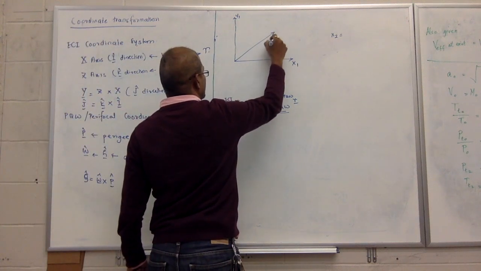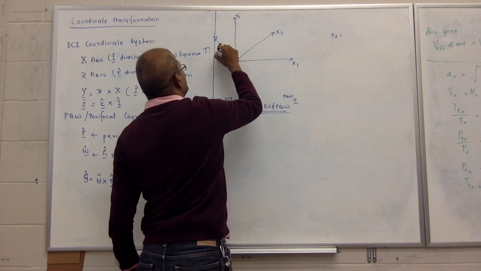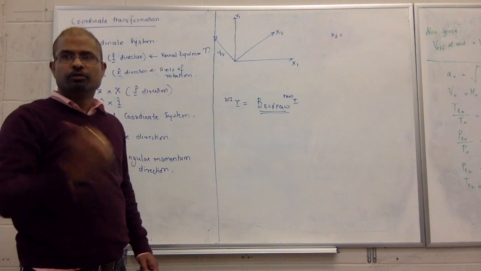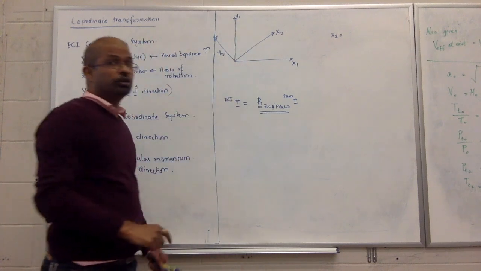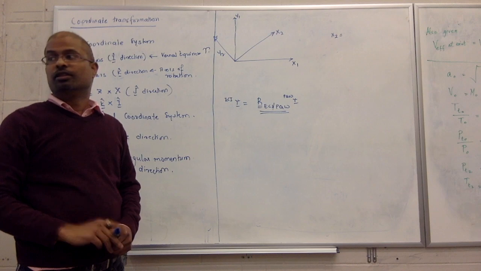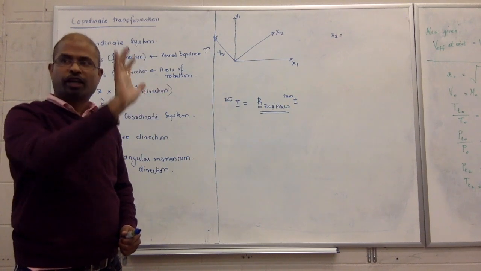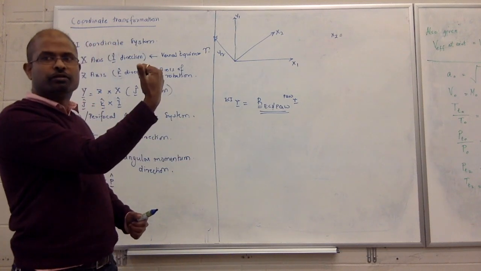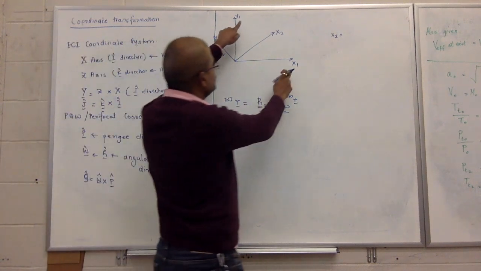This is X2, Y2. Again, where would Z2 be? If this was Y1, this was X2 or X1, it will go inside. It is the right hand rule. So X to Y would be Z. Now it is this way, so it is coming out. If I change these two, it would go in.